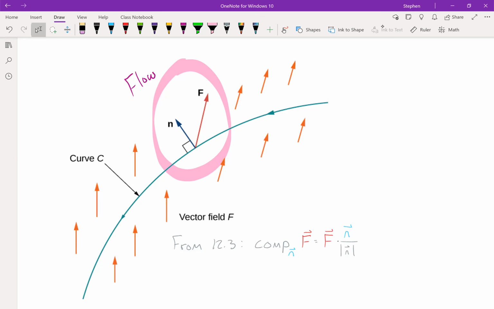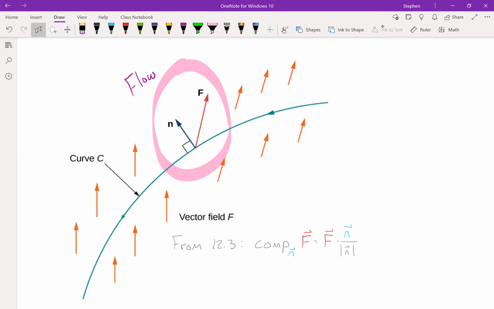If I want to get the amount of that field that's going directly through the curve, I want the projection of that vector F onto the normal vector N. So again, I'm projecting this field onto the normal vector. I'm projecting that F, that red vector, onto the blue normal vector.